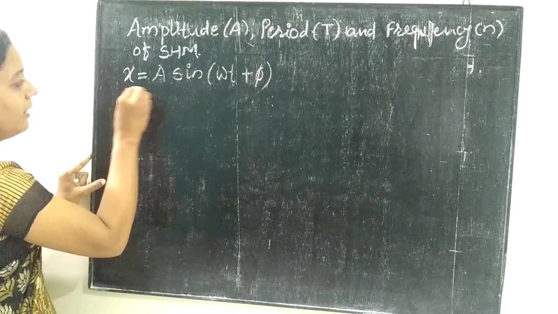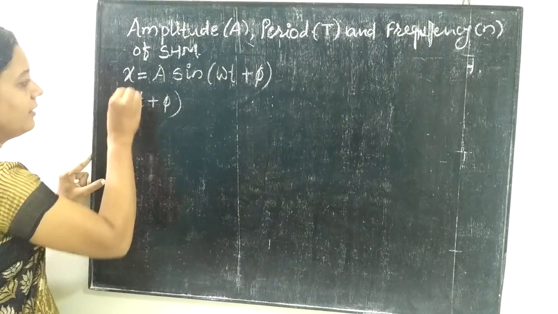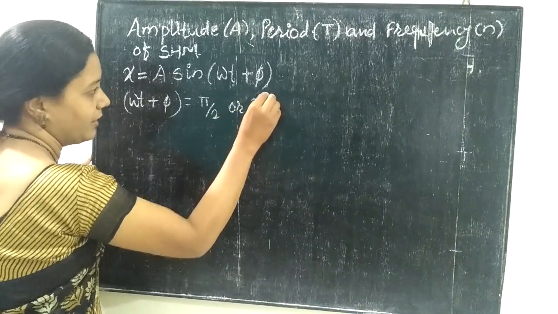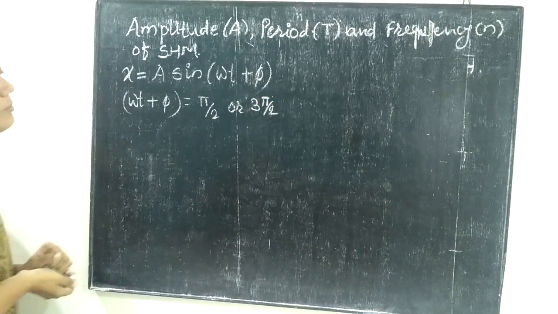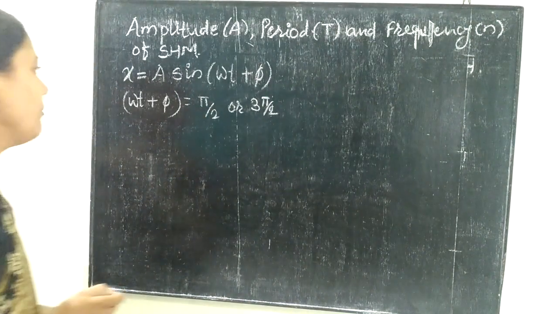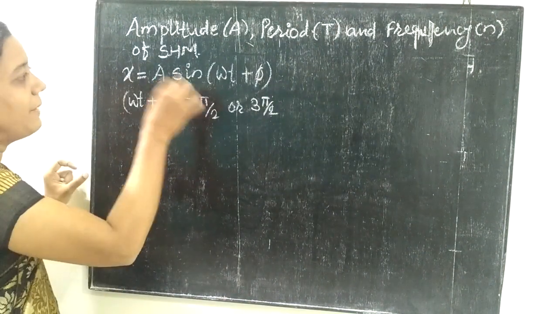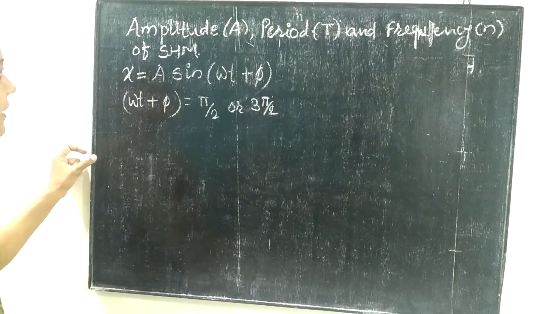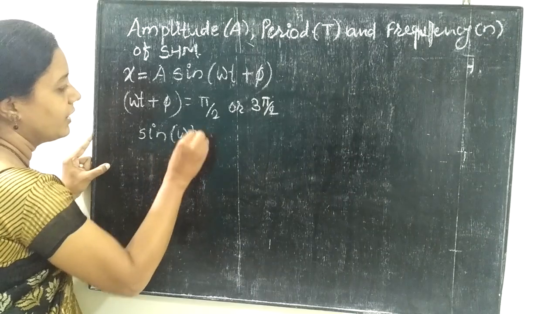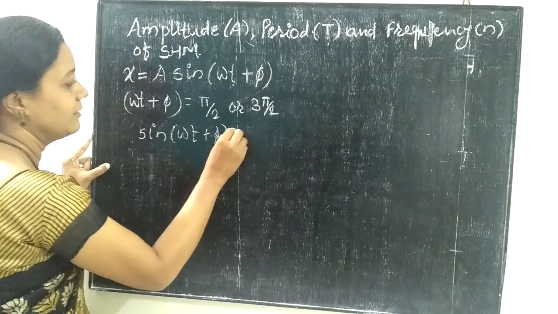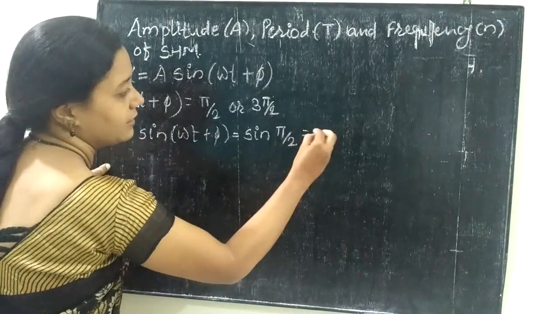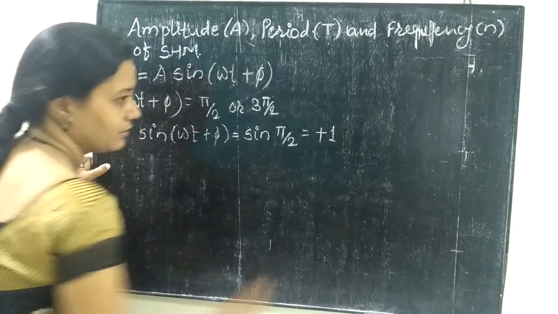When omega t plus phi equals pi by 2 or 3 pi by 2, that is the extreme position. At these angles, pi by 2 and 3 pi by 2, we get the maximum value of the sine of the angle. Suppose sine(omega t plus phi) equals sine pi by 2, then we get the value plus 1.